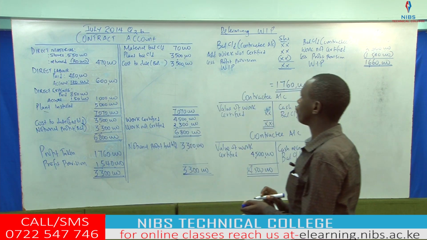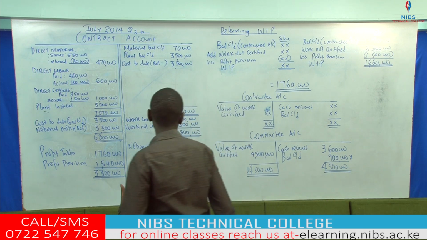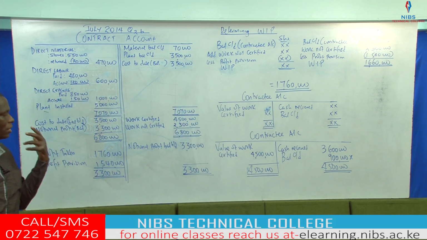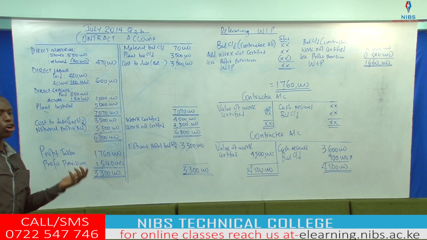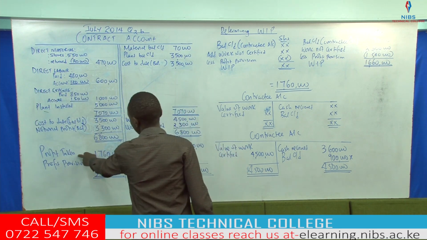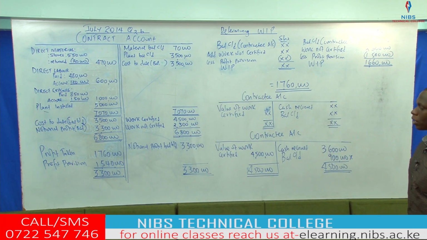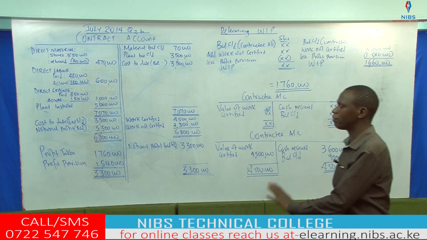That is enough with the first question. The point I want you to understand here is that if the question is not clear on which method you're supposed to use of calculating the profit taken, you use the 2/3 method. Are we together?